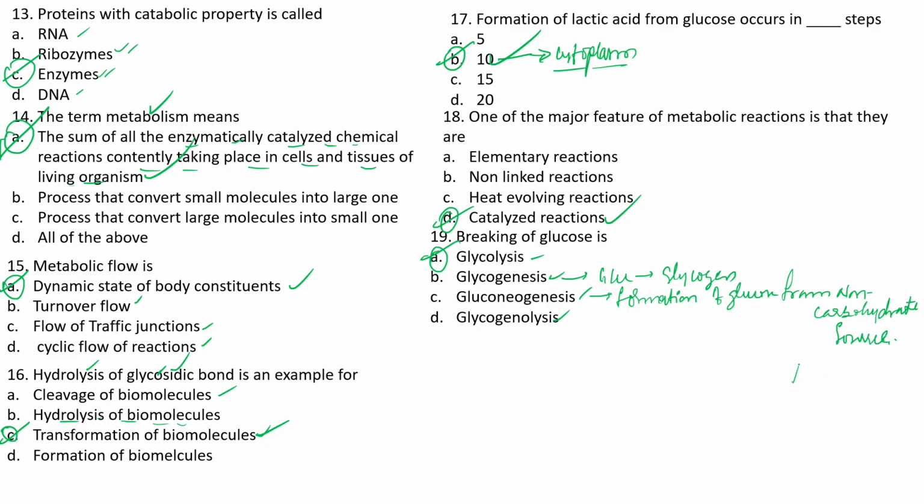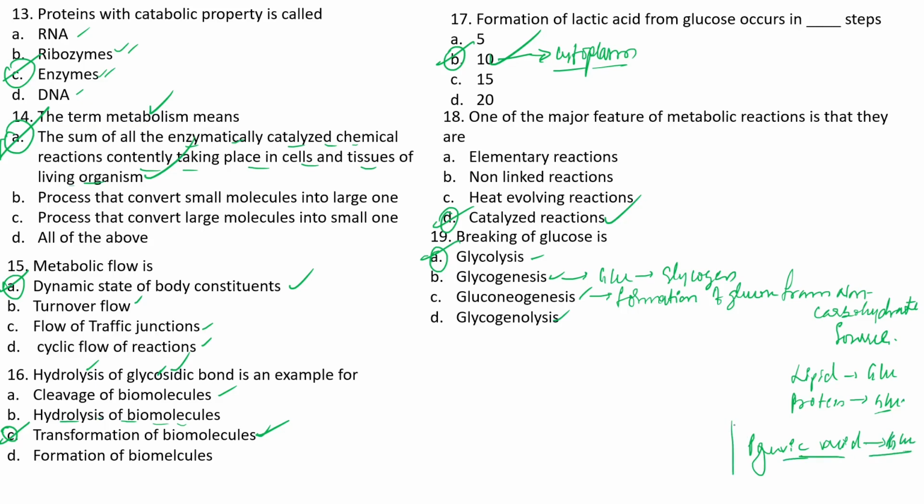For example, from lipid, the glucose is actually formed, or otherwise from proteins, glucose is actually formed. It is called gluconeogenesis. But generally the pathway starts from the pyruvic acid, remember. From pyruvic acid the glucose is actually formed.